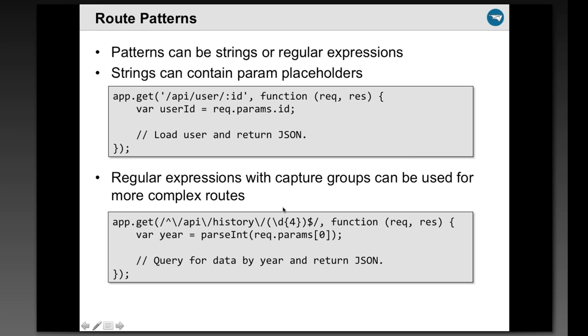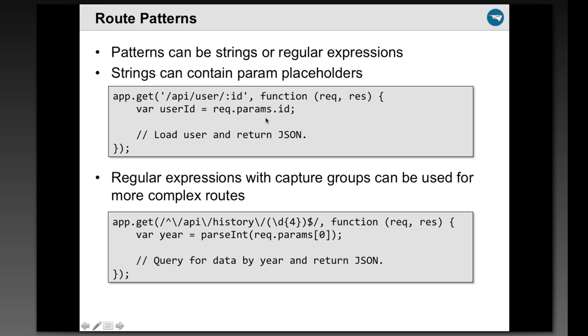When you use regular expressions, your capture groups don't have names, so you use indices. It's zero-based. So this would give us the year. Because it comes back as a string, I'm parsing it as an integer. This is just normal JavaScript stuff, normal regular expressions. Of course, Express mapping this into req.params is unique to Express. But choose the one that is appropriate for what you need.